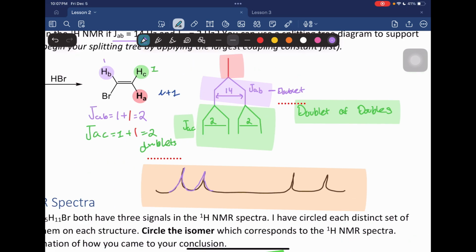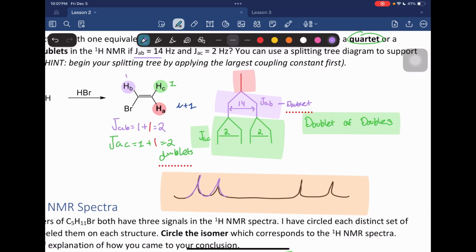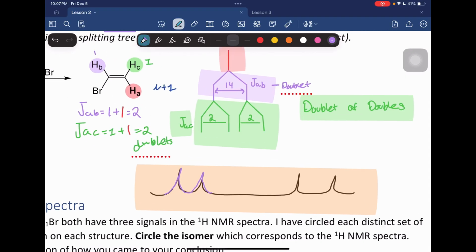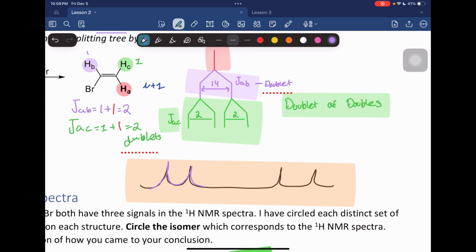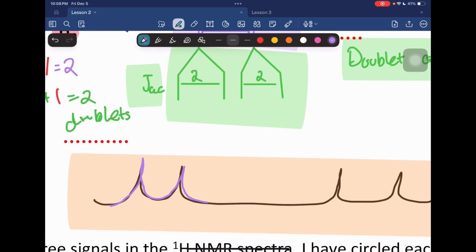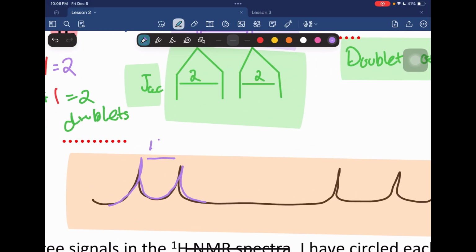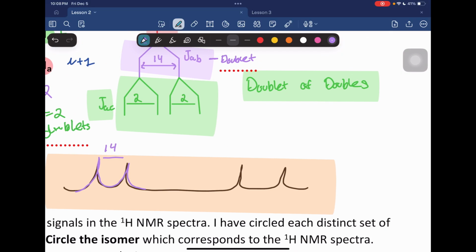So that is why in our spectrum, when we draw it, HB is going to be on the higher frequency side. So this is our first doublet. The distance between these is 14. And then this is going to be our second doublet.